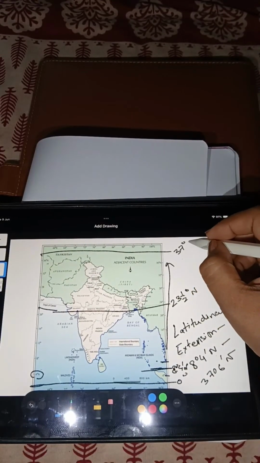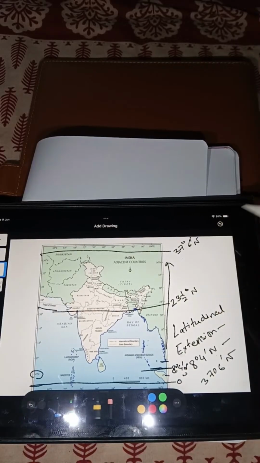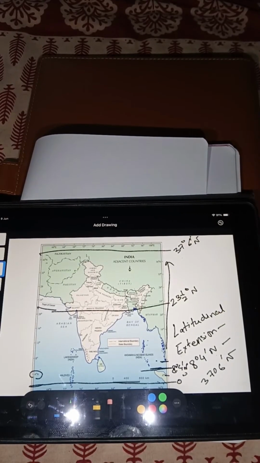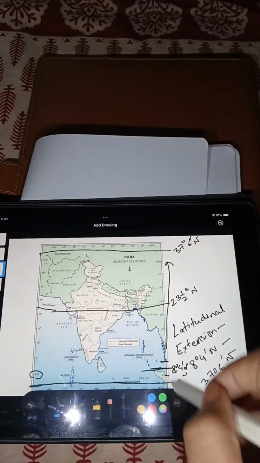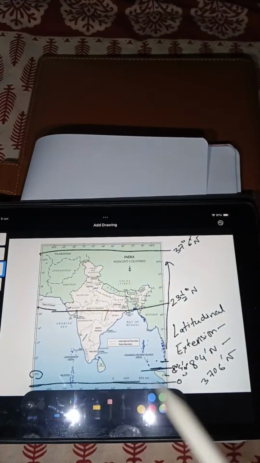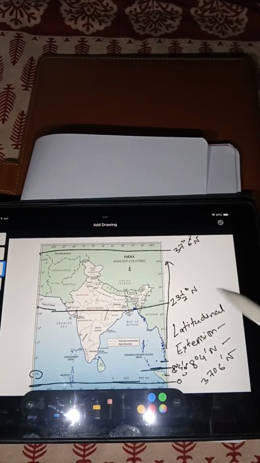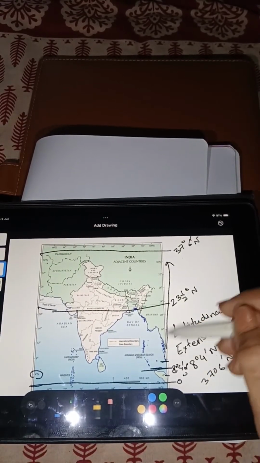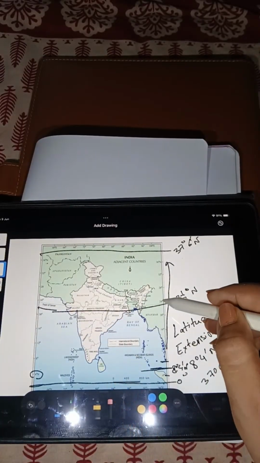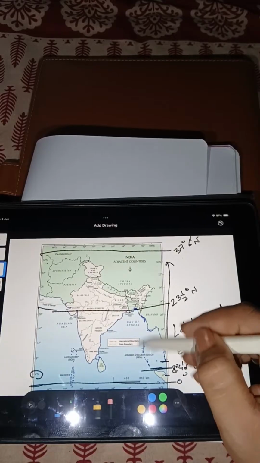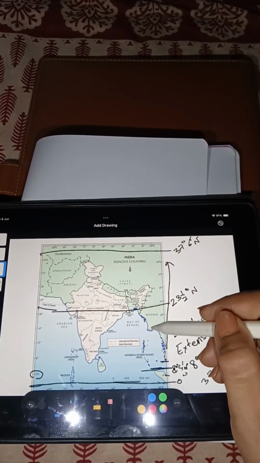37 degree 6 minutes north. This is the latitudinal extension. Latitudinal extension means from 8 to 37 approximately. So you can understand that this is a vast area, and as the Tropic of Cancer crosses just through the middle, we have both kinds of temperature or climatic divisions.